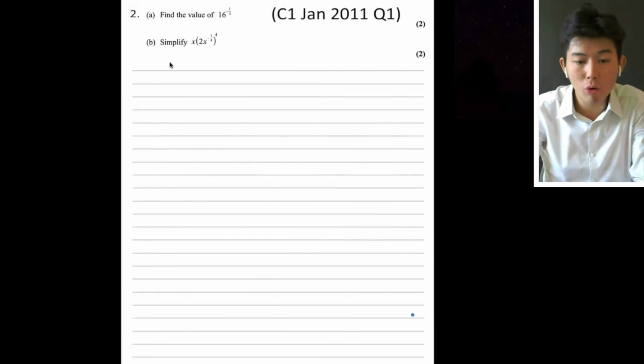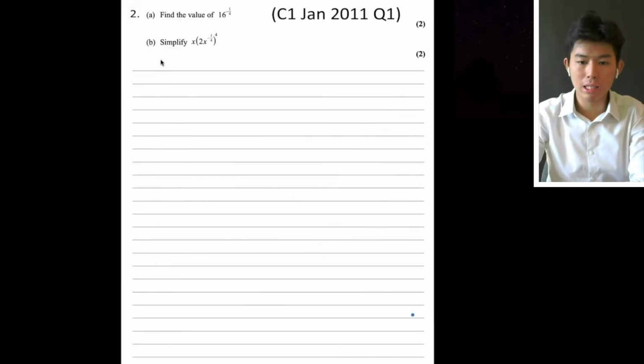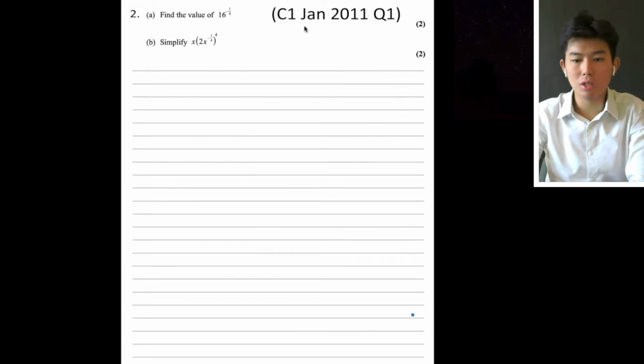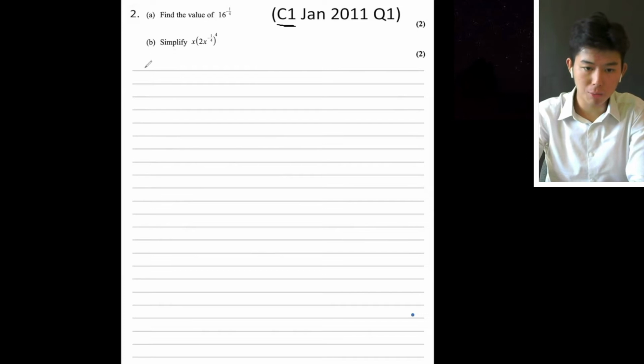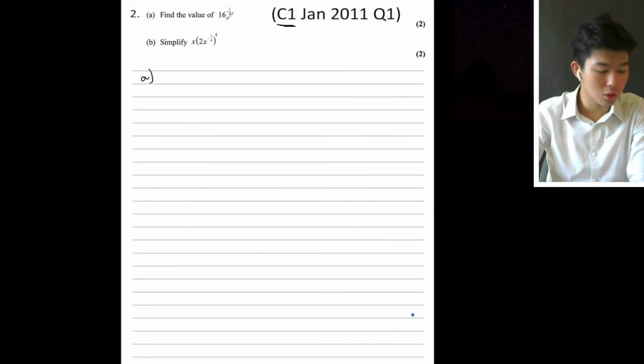Let's carry on with more past paper questions, and this question here is actually from C1, the older syllabus, Jan 2011, question 1. Okay, so for part A, they want us to find 16 to the power of minus 1 over 4. So the first thing we have to do is to copy down the value first, minus 1 over 4.